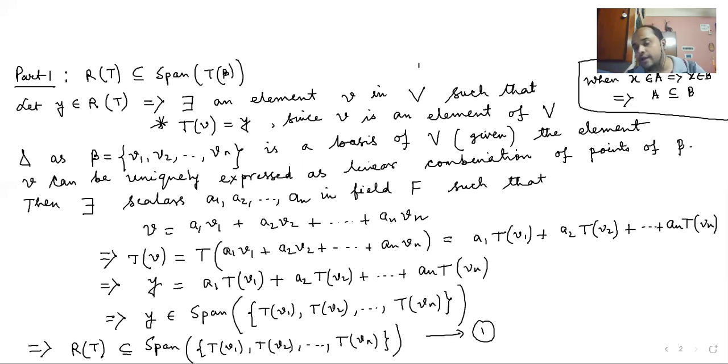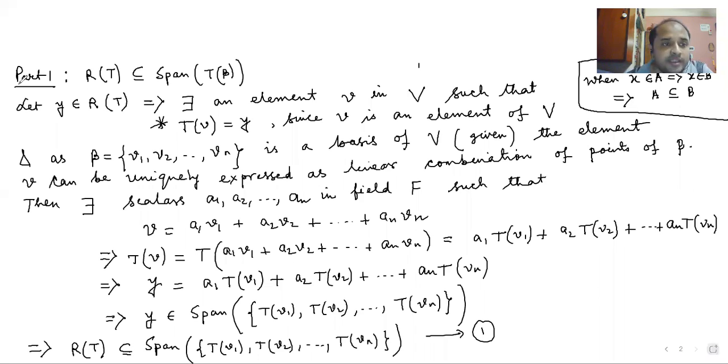Next I am going to show that the reverse is true. So I'm going on to the next page. Probably you have written so far and you have understood, because the logic is very straightforward.